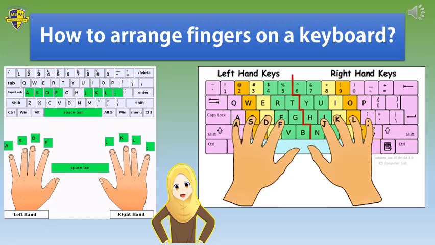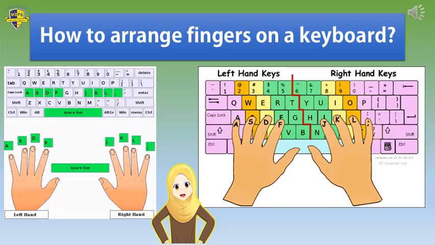Great. Now let's come to the left hand. Your index finger should be on F. Your middle finger should be on D. D for dog. Your ring finger should be on S. S for shoes. Your little finger should be on A. A for airplane. Great.